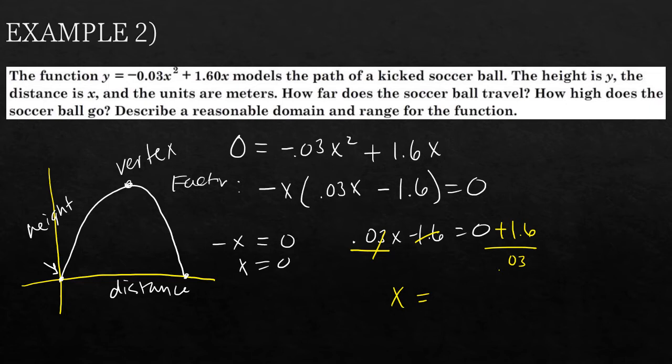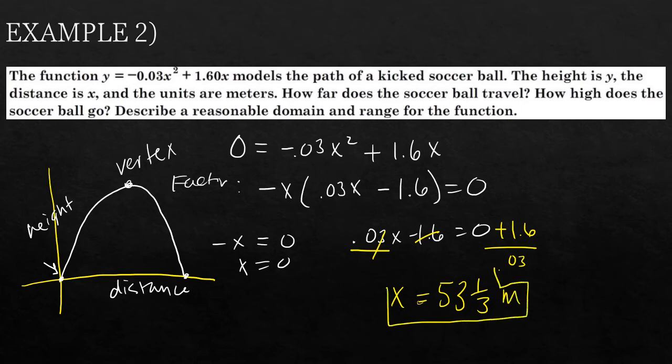So if I have 1 and 6/10 divided by 3/100, I get approximately 53 1/3 exactly. It's not letting me write, y'all. So we get 53 1/3 as our distance. So the ball traveled 53 1/3 meters. Sorry.